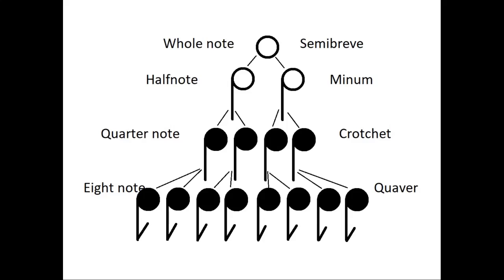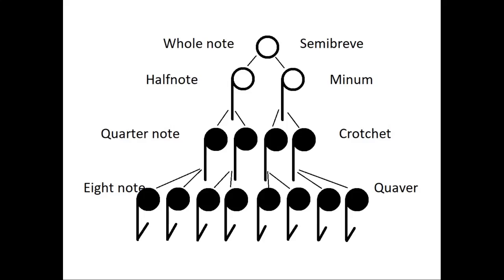Now, you need to know both names like whole note and semi-breve, half note, minim, and so on, because they're completely interchangeable, and you'll get into situations where one person talks about quarter notes and the next person talks about crotchets, and without skipping a beat, you need to know exactly what it means.